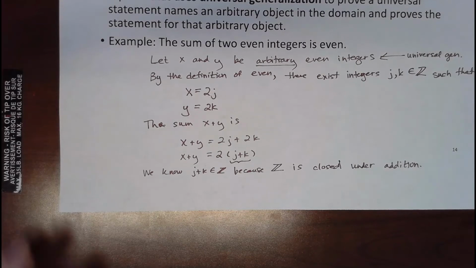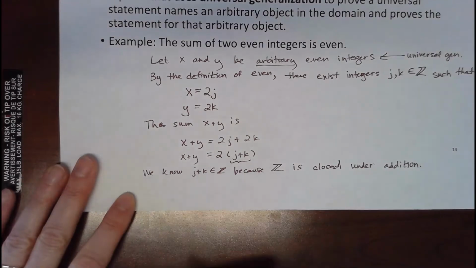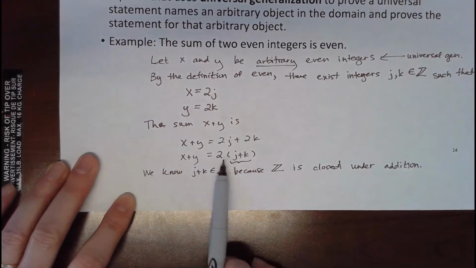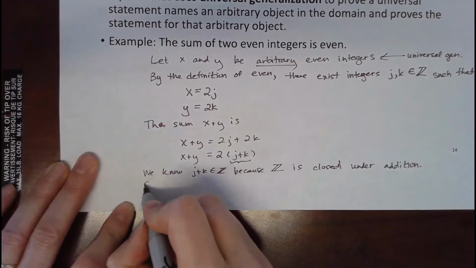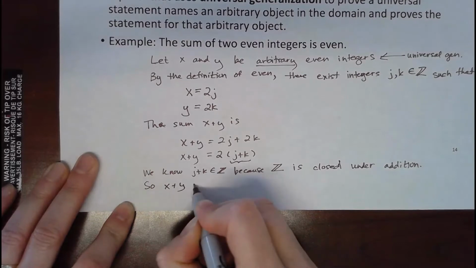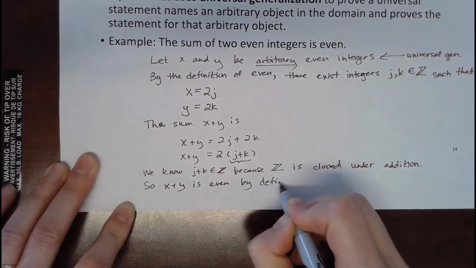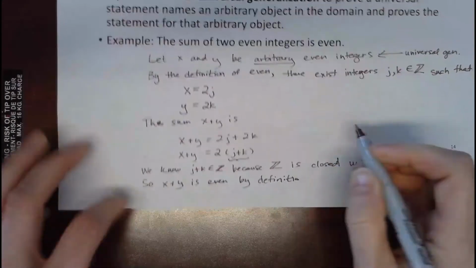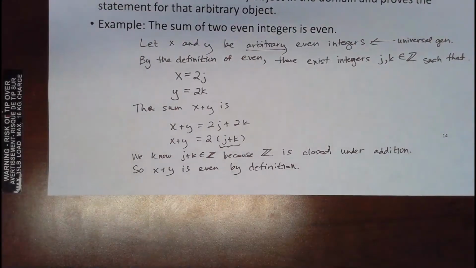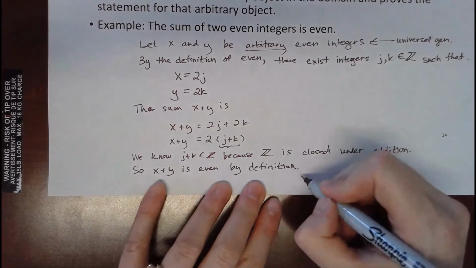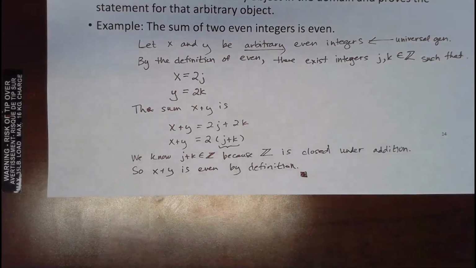Okay, and so since this is written in the form 2 times an integer, x plus y is even by definition. And we could even put our little fancy box under there.